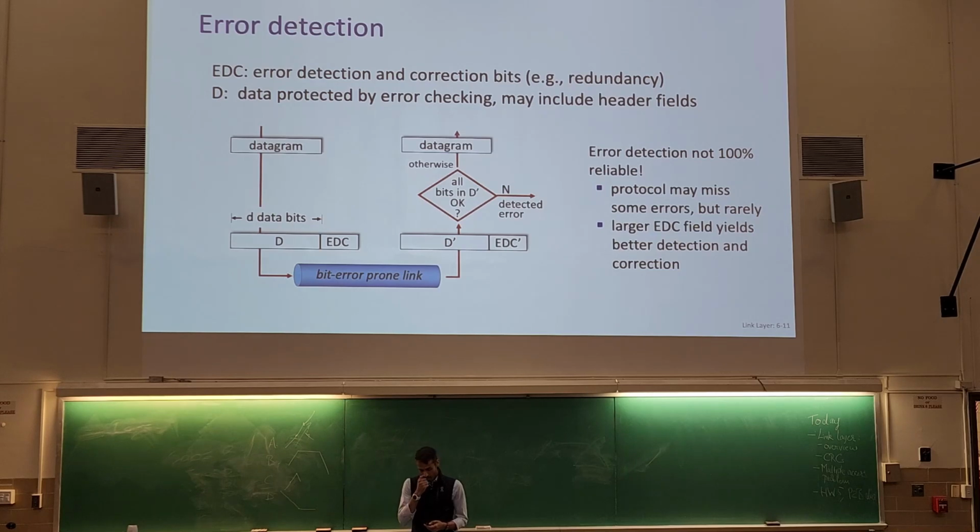Okay? So let's look at a very simple example of how to correct for errors, not just detect errors. We're all experts in detecting errors. You're implementing that as part of project 2, or have as part of project 2A already, right? Most of you. How would you correct bit errors in the packet?